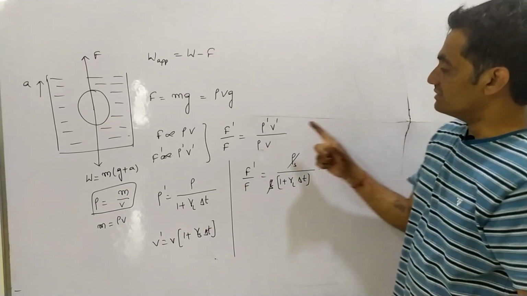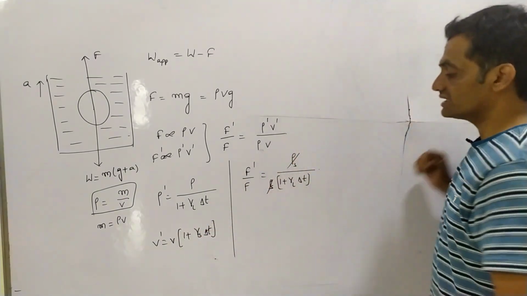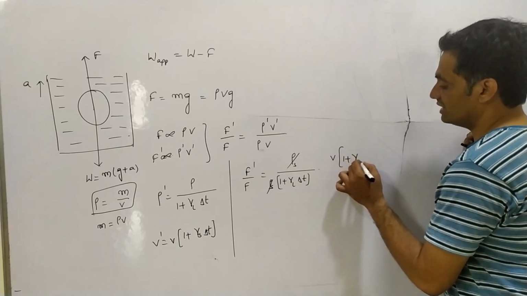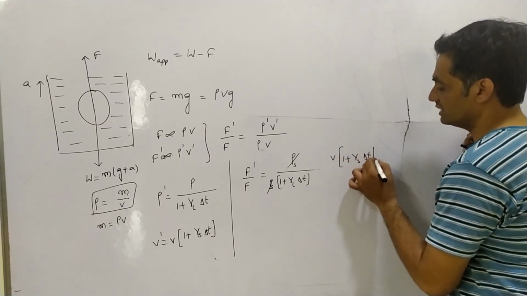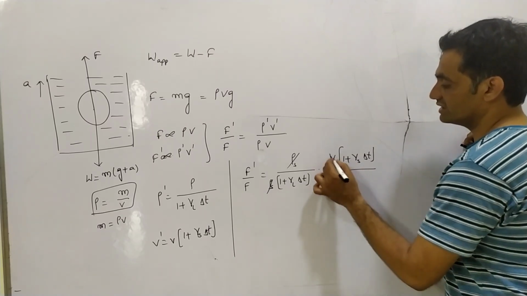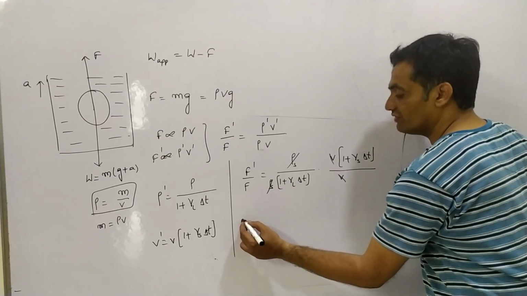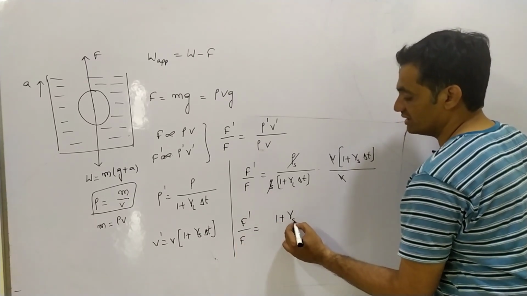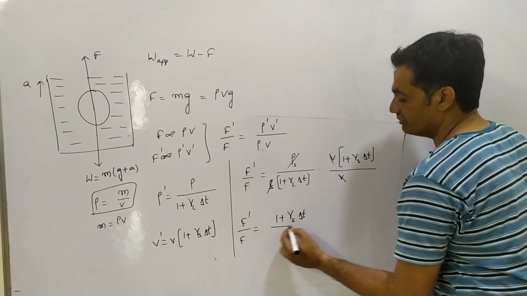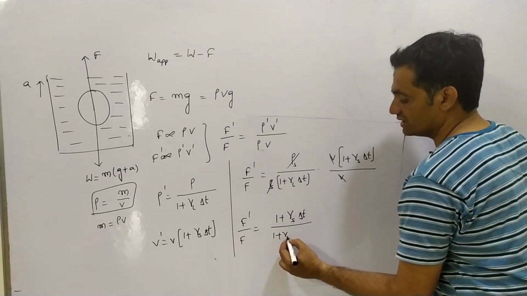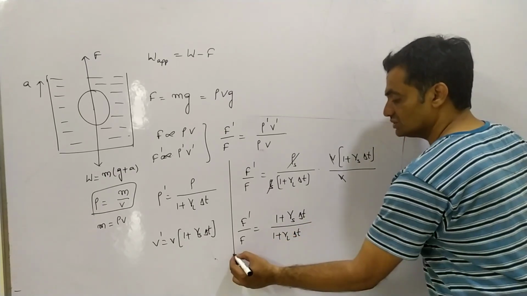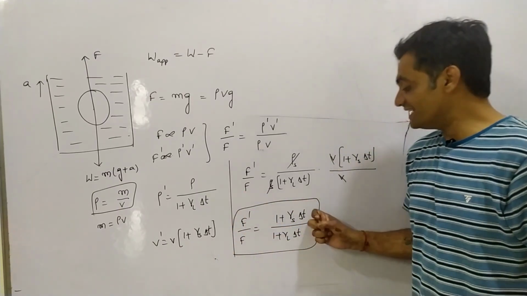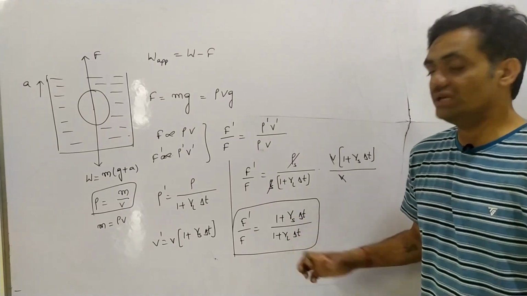After that, V dash equals V into 1 plus gamma S delta T, divided by V. Observe that V gets cancelled. Then F dash by F equals 1 plus gamma S into delta T by 1 plus gamma L into delta T. So this is the relation given for upthrust due to the increase in temperature based on volume expansions.